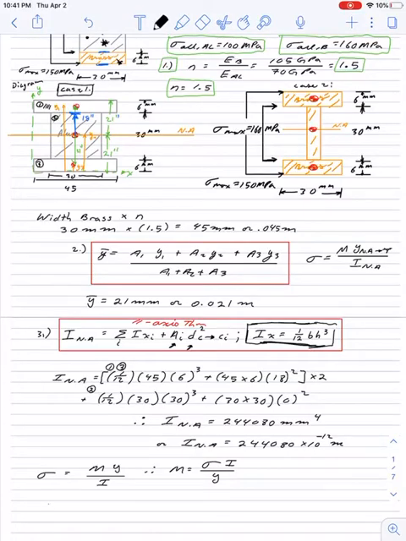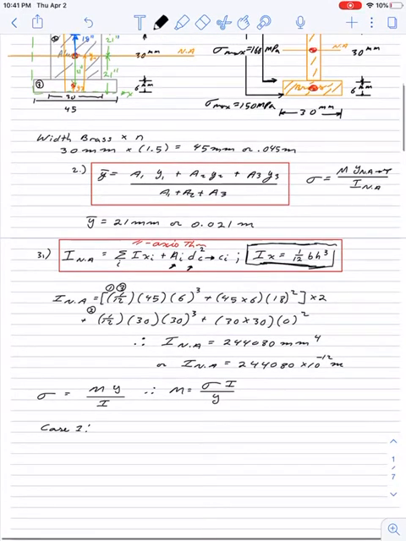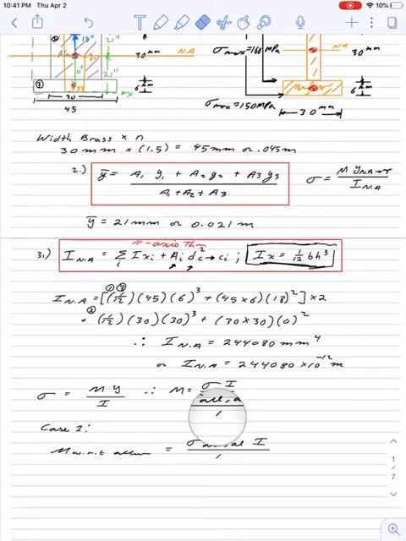Okay? So we're going to have two cases. Case 1, where we're going to find the moment with respect to aluminum, which is equal to the allowable stress of aluminum multiplied by the moment of inertia divided by the distance.